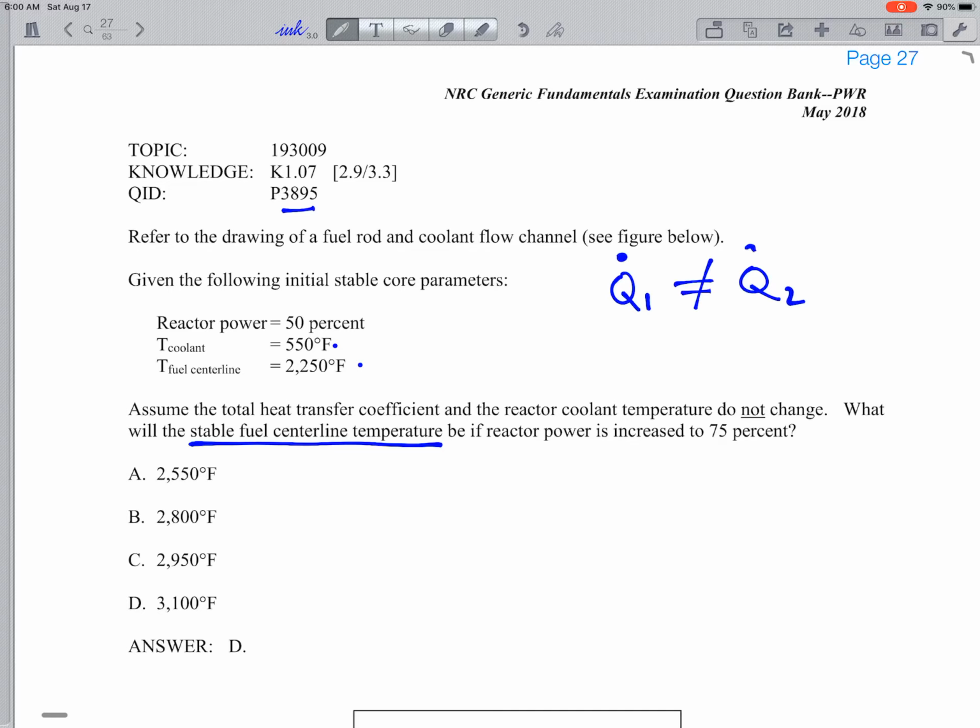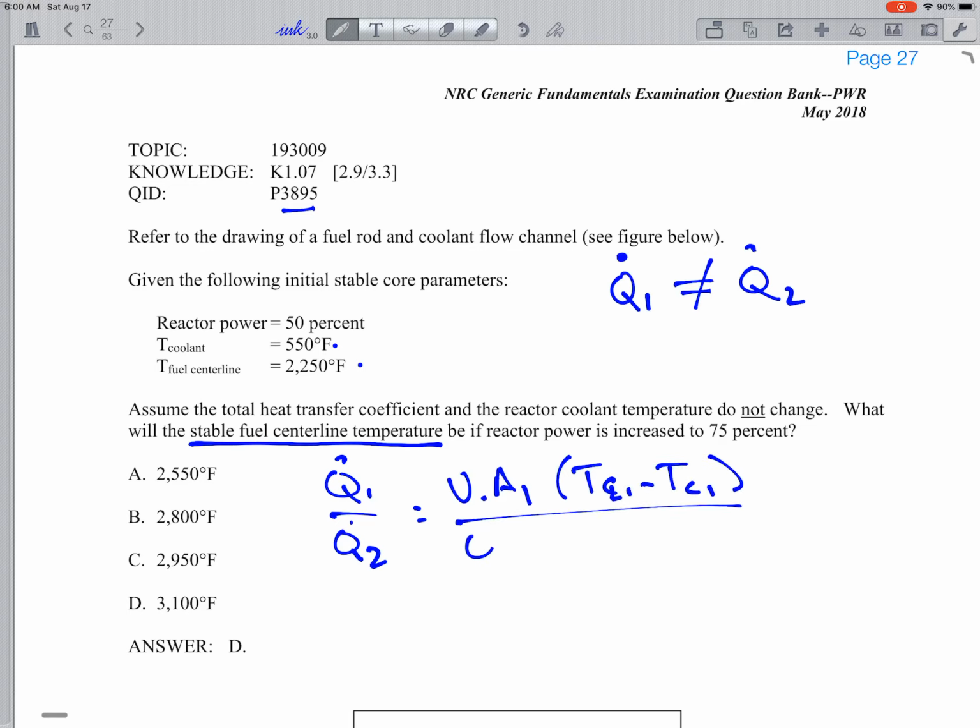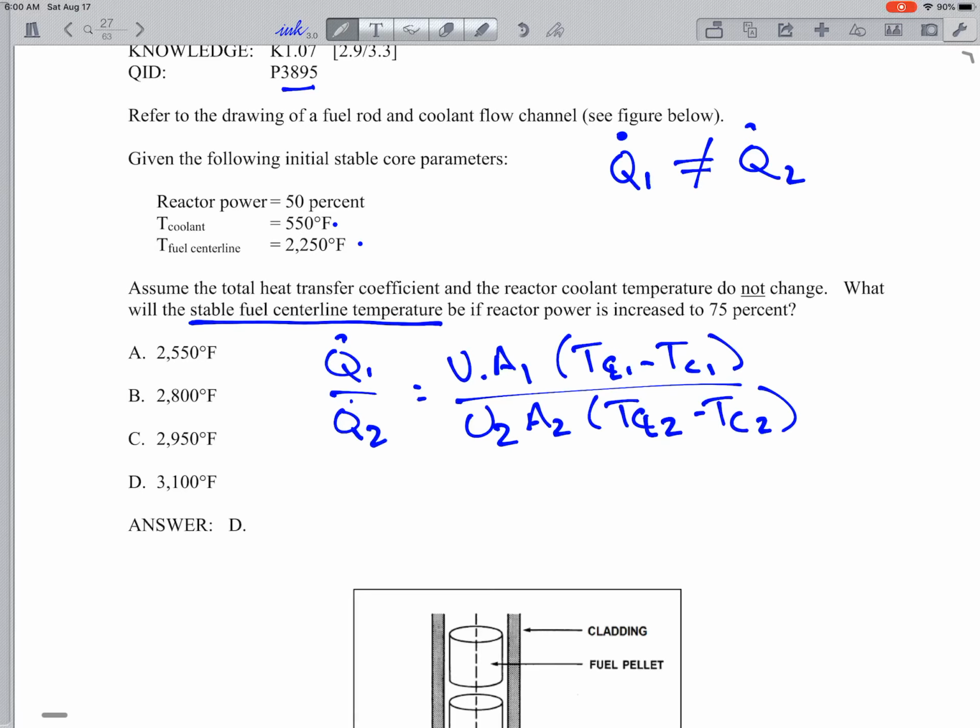But we can say that Q dot 1 over Q dot 2 is going to be equal to U1A1 temperature centerline 1 minus temperature coolant 1 over U2A2 temperature centerline 2 minus temperature coolant 2. And we can say U1 equals U2, A1 equals A2, and TC1 is equal to TC2.